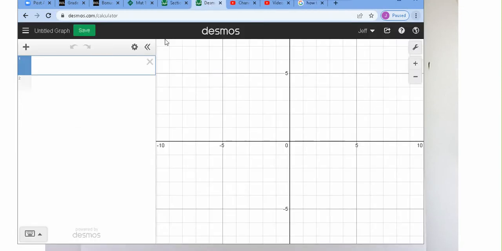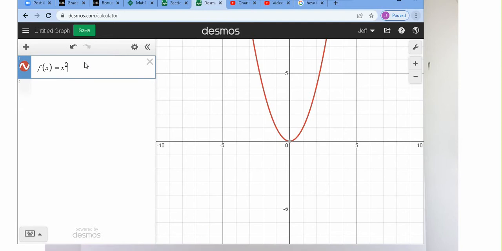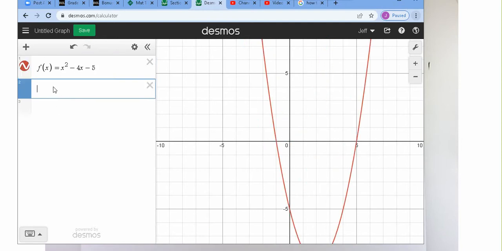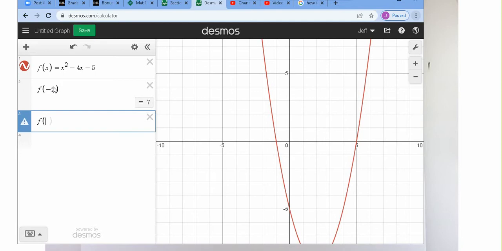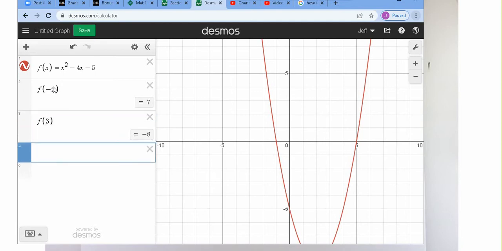So here's Desmos. I'm going to create a function called f of x equals x squared minus 4x minus 5. And now I'm just going to plug in my test points. f of -2, f of 3, and f of 6.